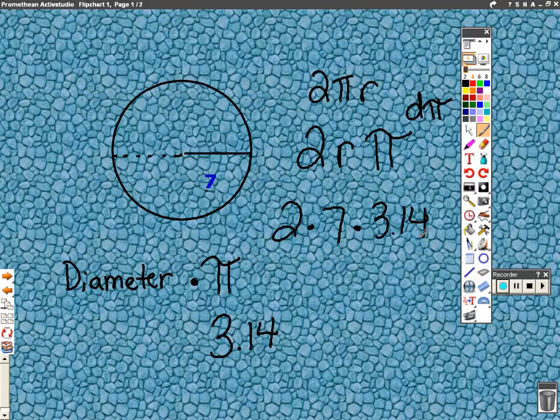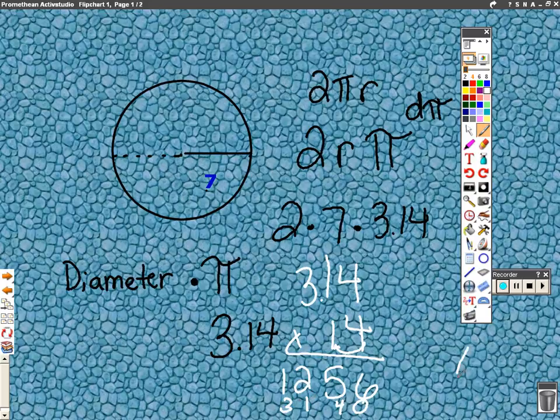Well, 2 times 7 is 14. And then I'm going to times that by 3.14. So I'm going to do my 3.14 times 14. 4 times 4 is 16. Carry the 1. 4 times 1 is 4 plus 1 is 5. 4 times 3 is 12. Placeholder because I'm moving over a place. 1 times 4 is 4. 1 times 1 is 1. 1 times 3 is 3.